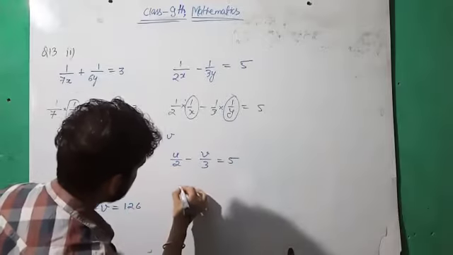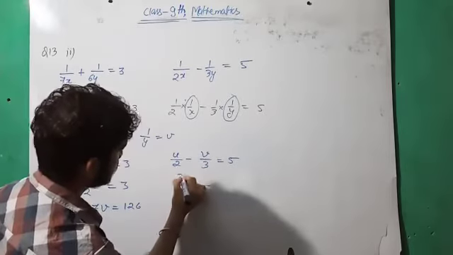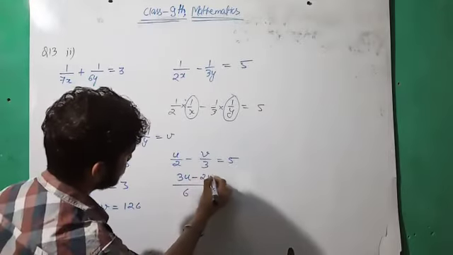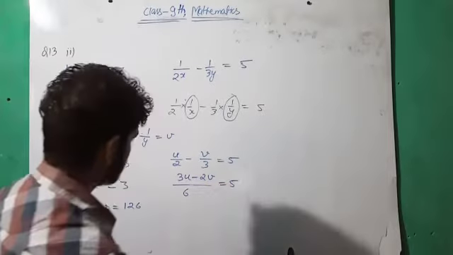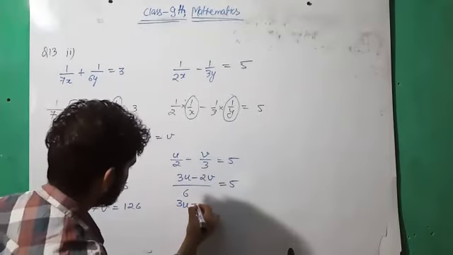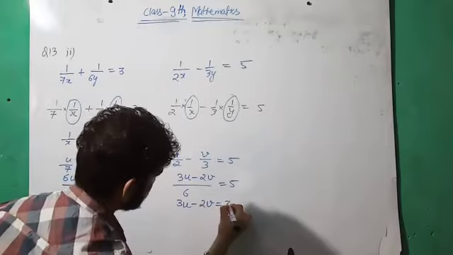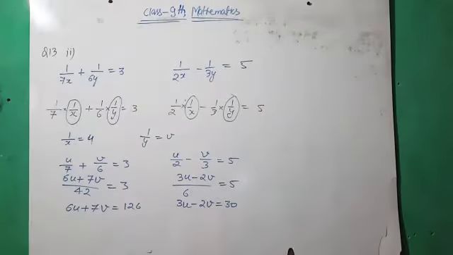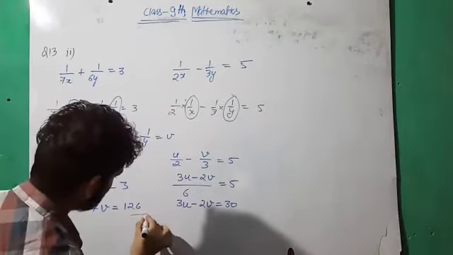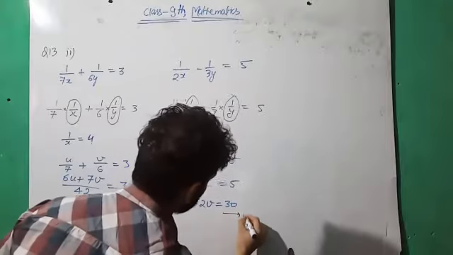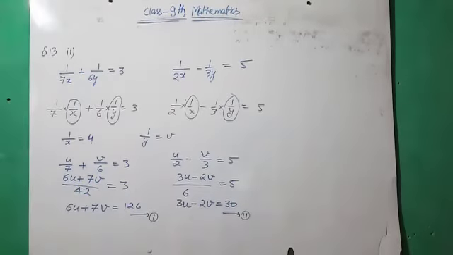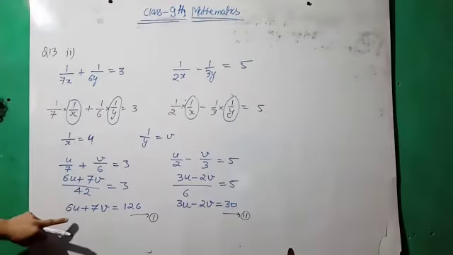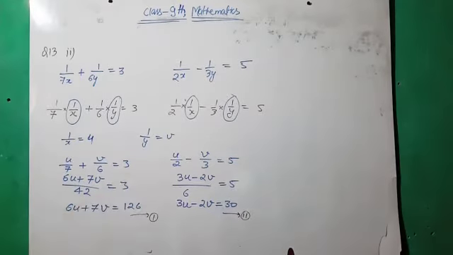Now for the second, 6 is the LCM, so 3u minus 2v equal to 30. Now both equations are in simplest form, first and second.